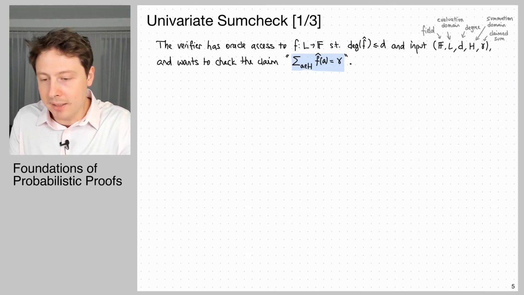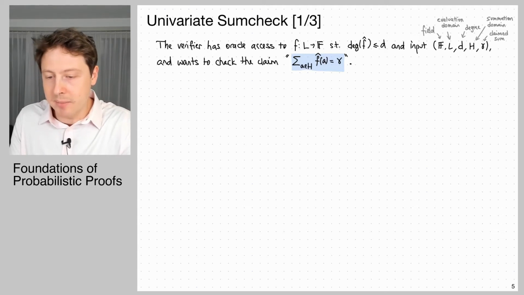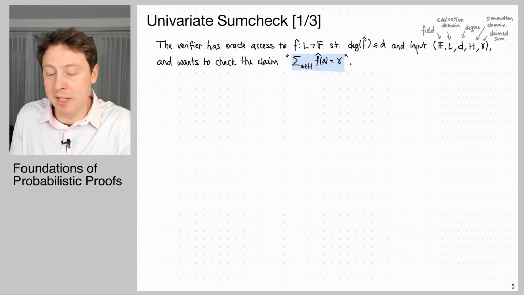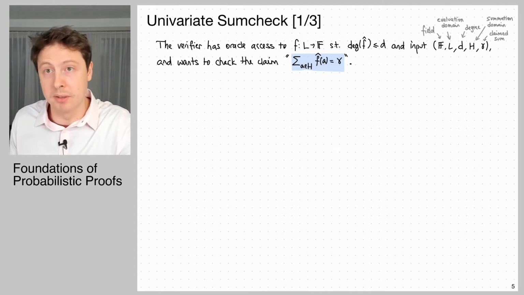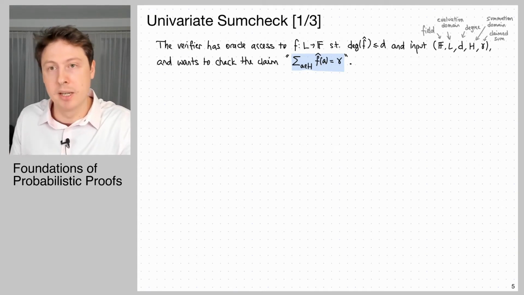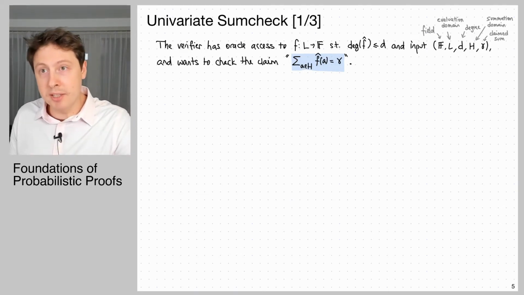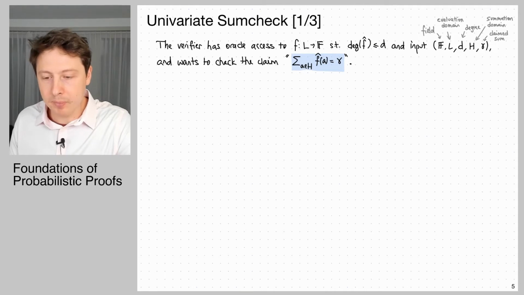The hat here also makes sense because H and L maybe don't have to completely coincide, right? Maybe H overlaps partially with L, and so f is not necessarily defined over H. But once I interpolate it and evaluate it over H, then I can evaluate it wherever I want, right? So that's why this one has the hat. So the univariate sum check problem is to solve this problem, okay? With a protocol.